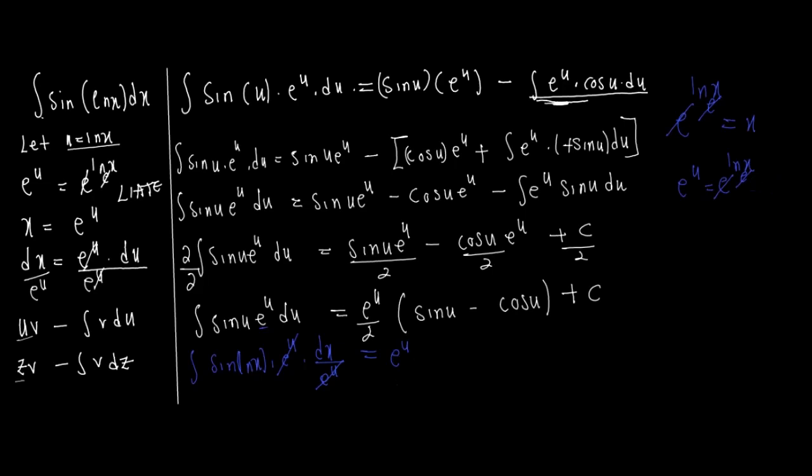So our answer here will become x divided by 2 times sine, what is u is equal to ln x, minus cosine of ln of x, plus the constant of integration.